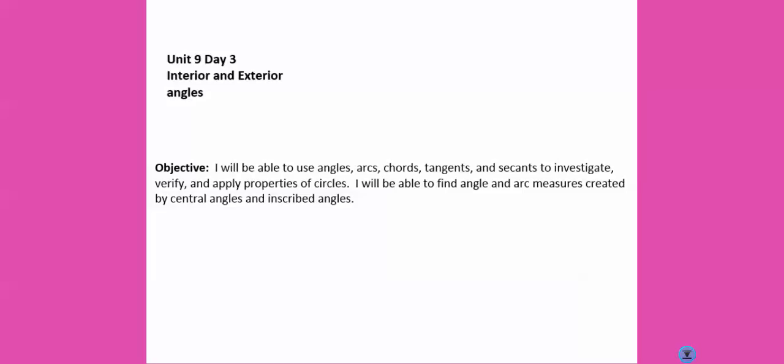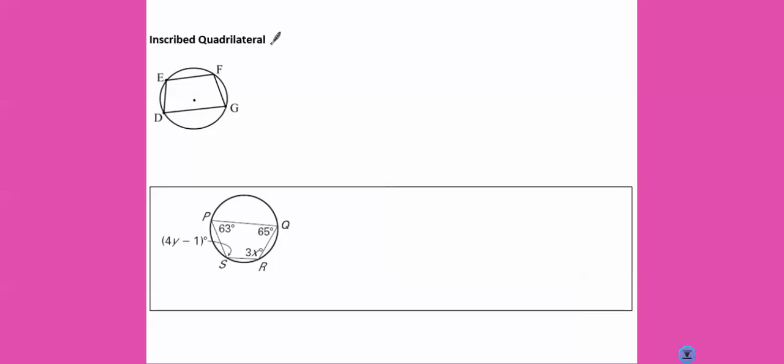So the first thing we're going to talk about is an inscribed quadrilateral. All the vertices of the quadrilateral are on the circle.